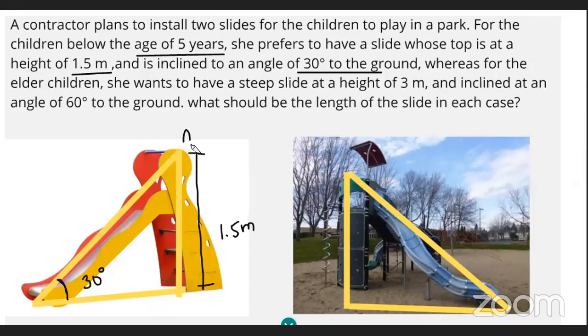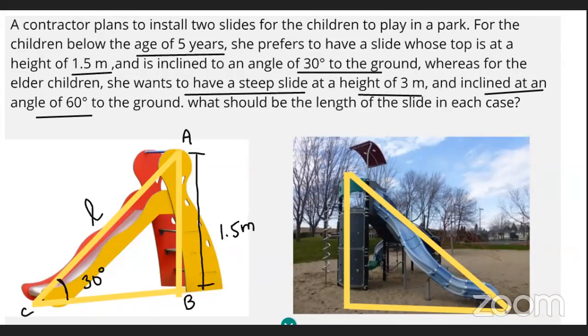Let's label it as A, B, C. Now what she wants to find is the length of the slide, which is the hypotenuse, which I'm putting as L, right? Next, let's read the next part of the question. It says that she wants to have a steep slide at height 3 meters, again inclined at an angle of 60 degrees, for the age group of elder children.